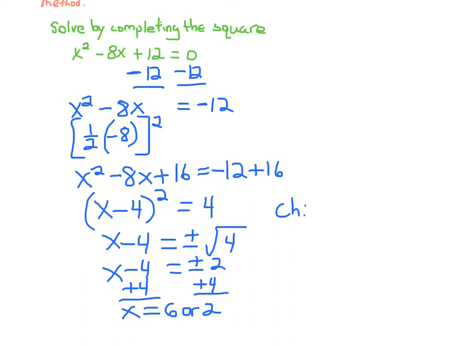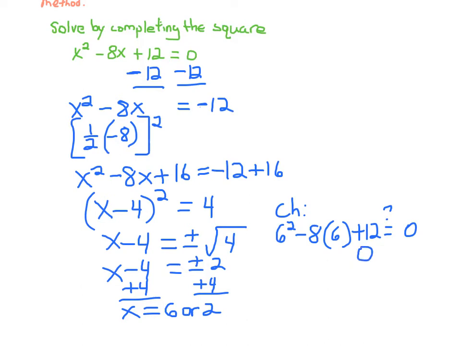So I'm going to check those right here. I'm first going to try 6 in the original equation. 6 squared minus 8 times 6 plus 12. Does that equal 0? Well, that's going to be 36 minus 48, so that's negative 12 plus 12. So it does work.